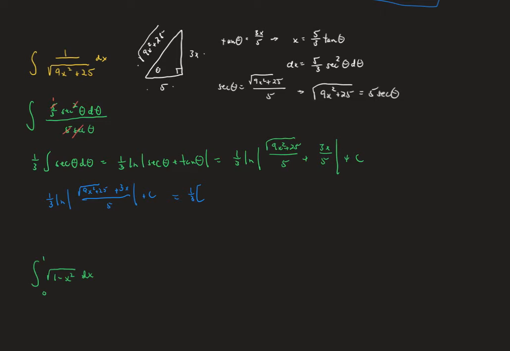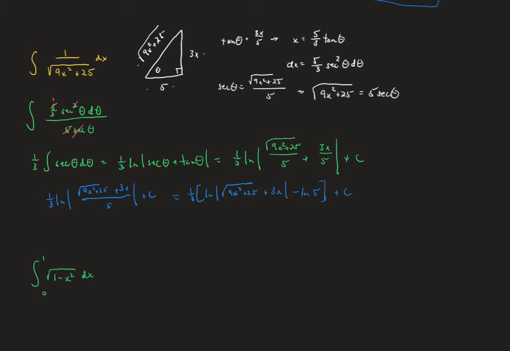So, crazily enough, that would become the natural log of the absolute value of the numerator. So that's going to be our square root of 9x squared plus 25 plus the 3x, and then a minus the natural log of 5 plus c.